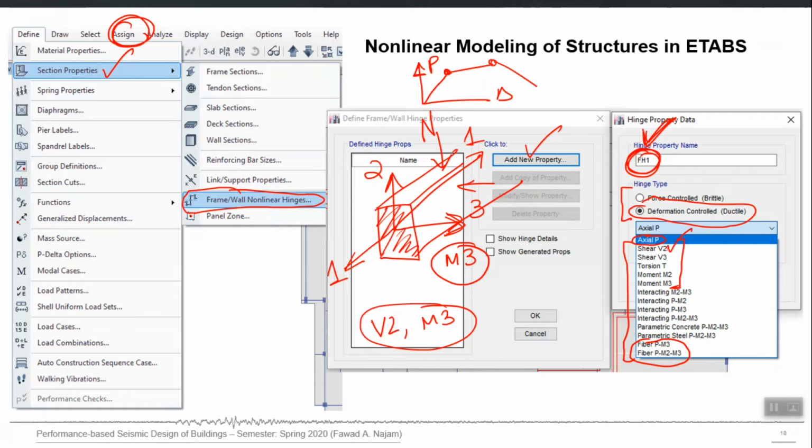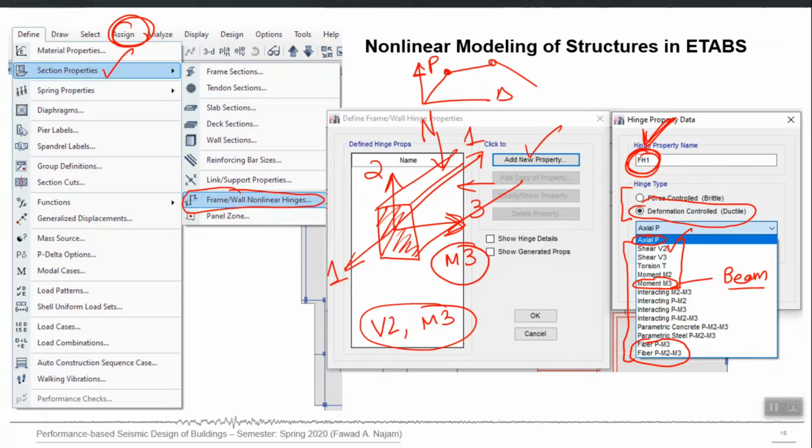Which means that if I want to make flexural behavior non-linear for my beams, I should go for this M3 moment hinge, right? Flexural nonlinearity for beams should be defined using the moment M3 type hinge.